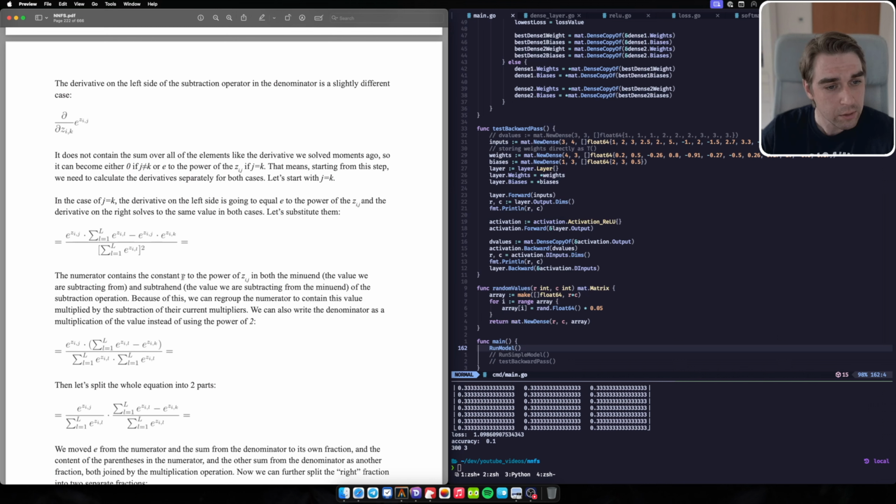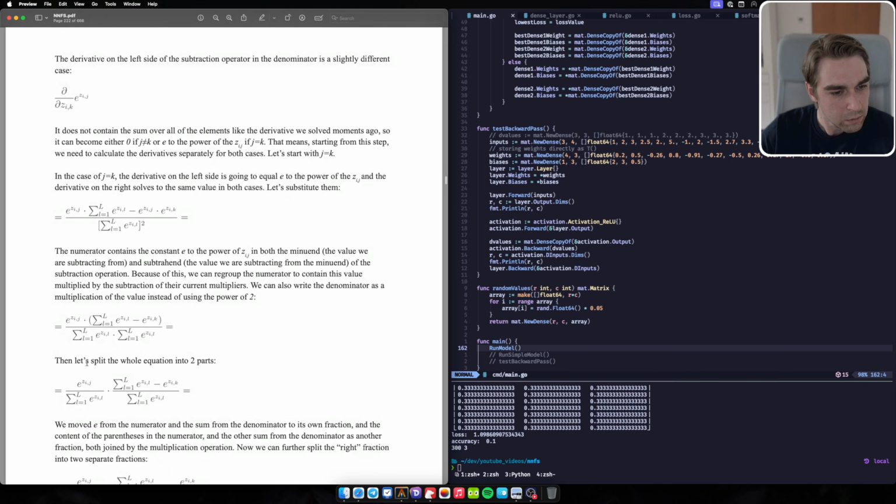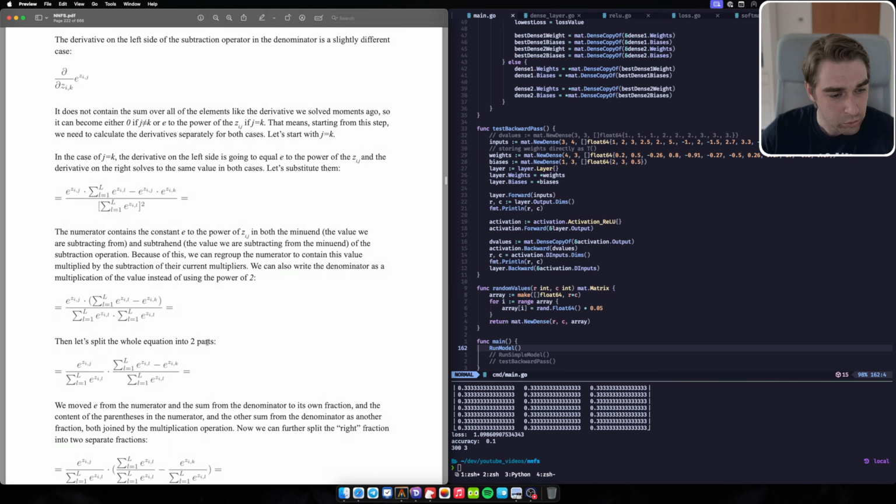The numerator contains the constant e to the power of that. In both the minuends, the value we subtract from, so here and here, so we can move it. Yes, this is what we're going to do. Then let's split the whole equation into two parts.